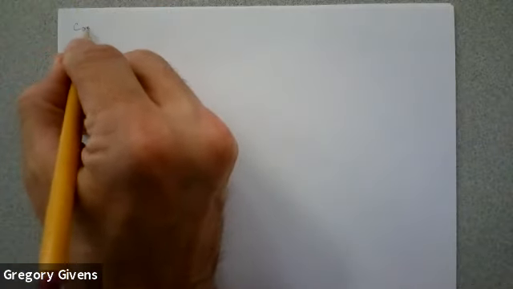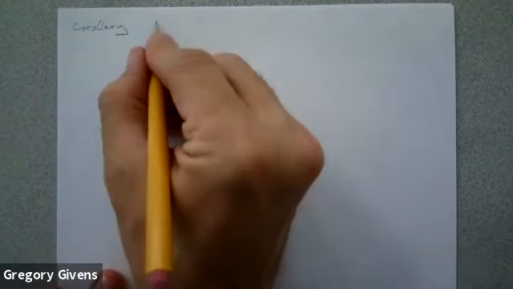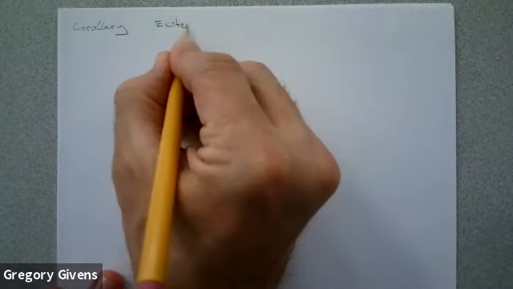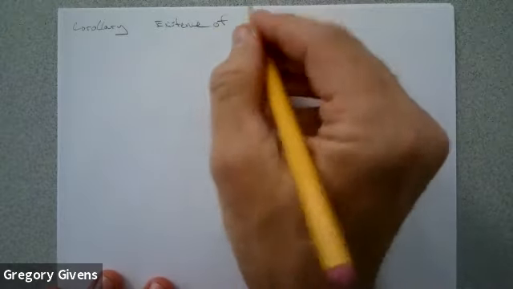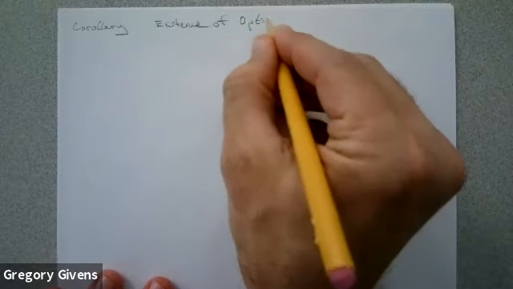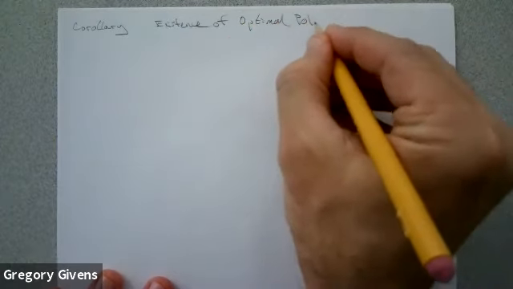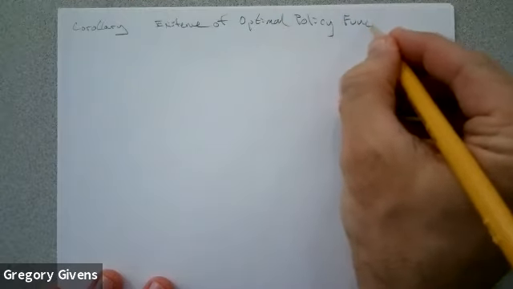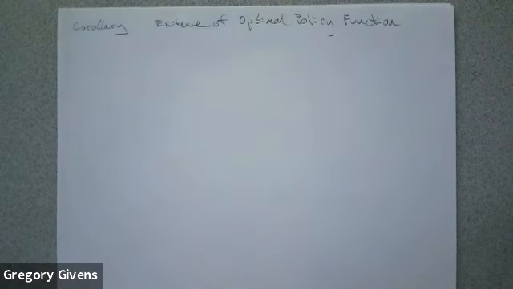Establishing Theorem 4 is important because it allows us then to ensure the existence of a unique optimal plan to the sequence problem and therefore the Bellman equation, which is the subject of, I believe it's a corollary in your notes called existence of optimal policy function. So we already know that the Bellman equation is continuous and bounded and unique.